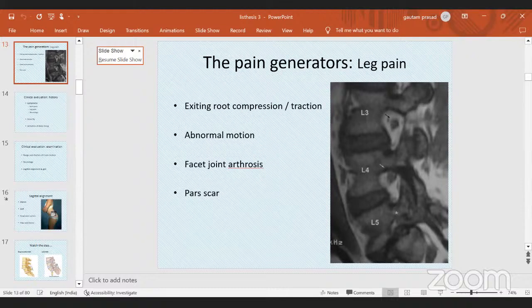That white thing that you see is the fat sleeve, because this is a T1 sagittal image. And the black spot in that white oblong thing is actually the nerve root. So the nerve root is surrounded by a fat pad, which is seen in the interpedicular space. That's the neural foramen. So this is how the normal thing should look.